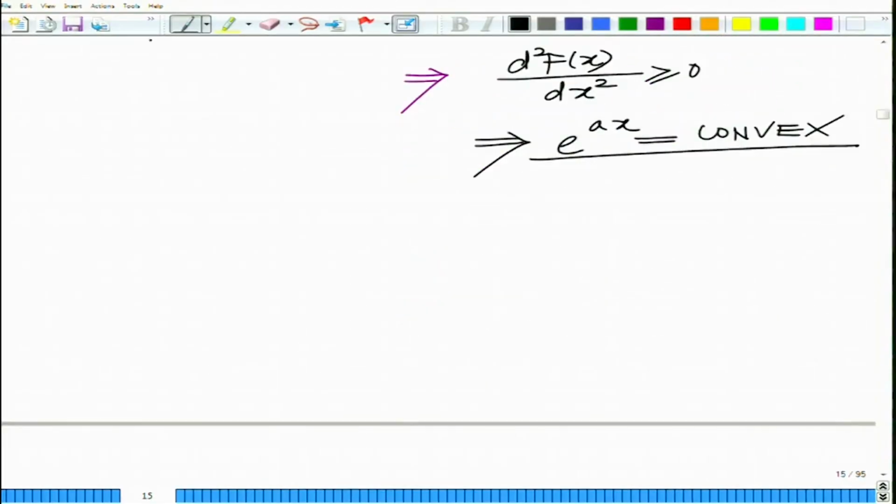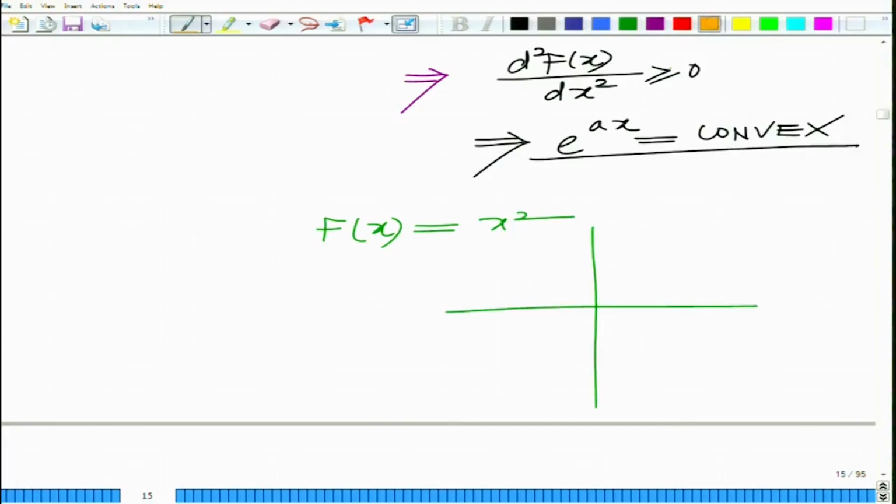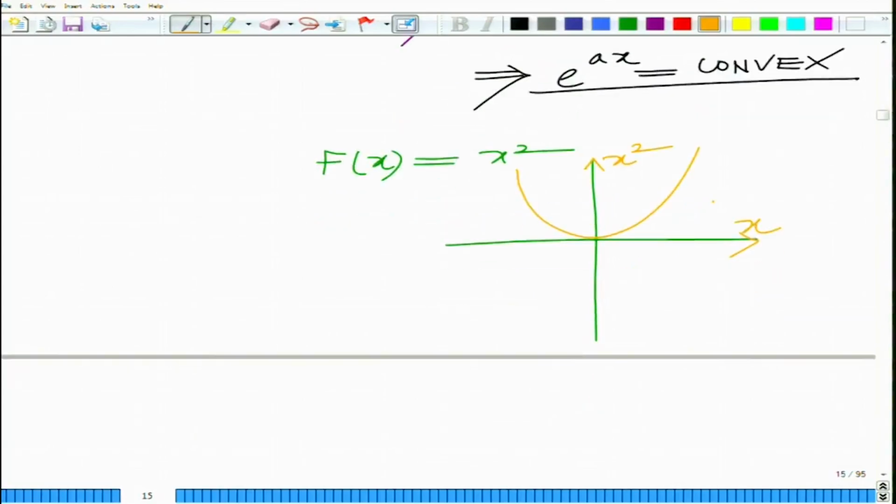Let us look at another function that we have seen yesterday, that is f of x equals x square. You can recall that it is given something like this. This is f of x equal to x, and this is your x square.